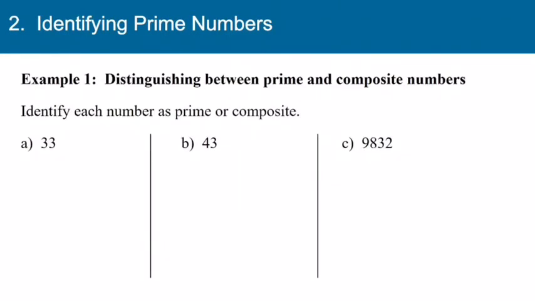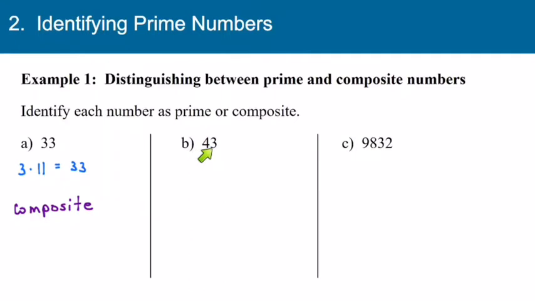So, let's see if we can classify a few numbers as either prime or composite. Here we have the number 33. Now, right off the top of my head, I know that 33 is 3 times 11. So since this number has factors besides itself and 1, this number would not be considered prime, therefore it's considered composite.